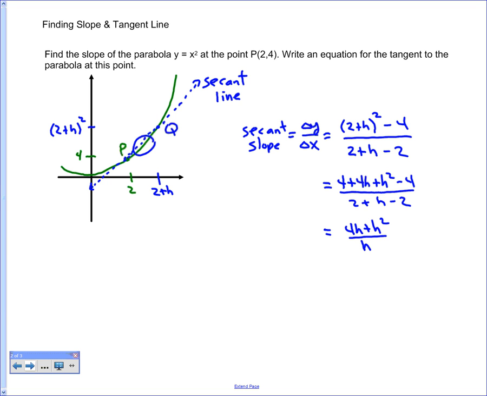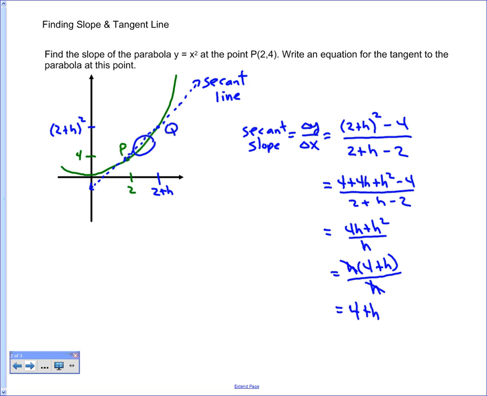In the denominator, we have an h. The numerator has a common h factor, so I'm going to extract that factor. So the factor of h in the numerator reduces with the factor of h in the denominator to 1. So the slope of our secant is equal to 4 plus h. So if our h value is 0.01, the secant slope would be 4.01. If our h value is 0.001, the slope of our secant would be 4.001.